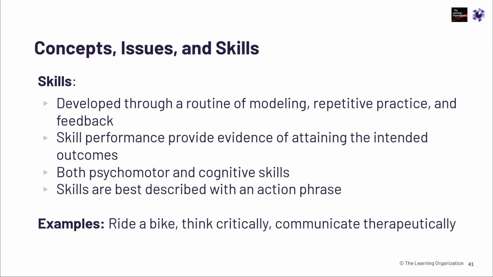So here's a couple. Riding a bike. I know that's something we don't do in a course, but I'm trying to learn how to ride a bike now, so I think I need some better instructions so I don't fall off. And then we think critically, communicate therapeutically, and really start to generate those and think about those as skills.